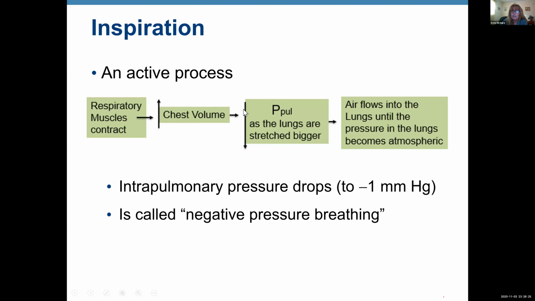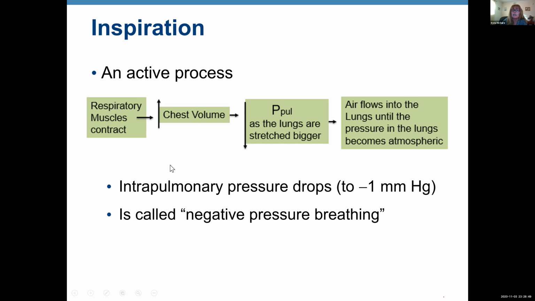When pressure decreases, it's now less than atmospheric pressure. So air from outside flows into the lungs until the pressure in the lungs becomes atmospheric.